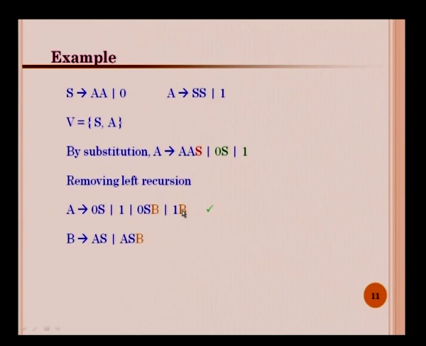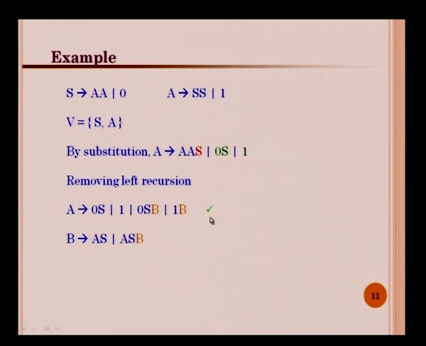And do this as long as it is possible, and at the final stage we will find the entire grammar is free from left recursion, so that the grammar is called a non-left recursive grammar, which will be really useful for us for performing the Greibach normal form conversion. So this is the conversion step.